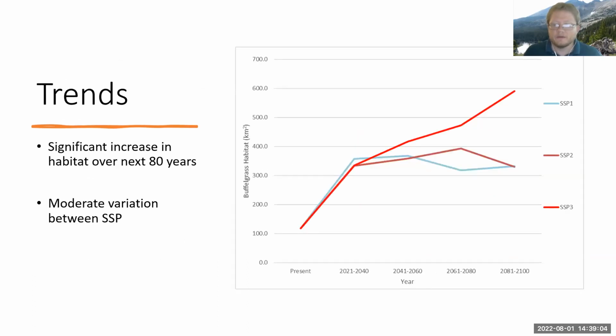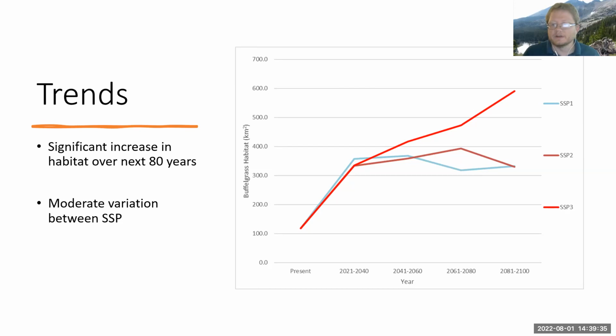And then just looking at the actual number of kilometers of potential bufflegrass habitat under each of these scenarios, you can see again that the light and moderate one end up in the same area, but in the lighter climate change scenario, it declines much earlier as far as how much potential habitat there is, while in the moderate scenario, it continues to increase all the way up to 2080 before it finally starts to decline.